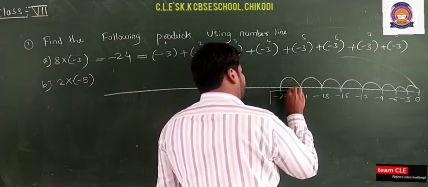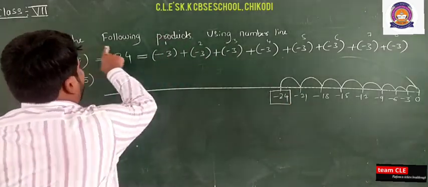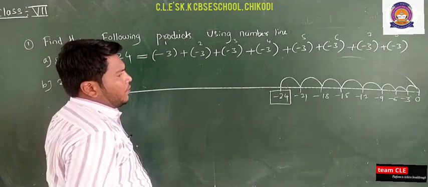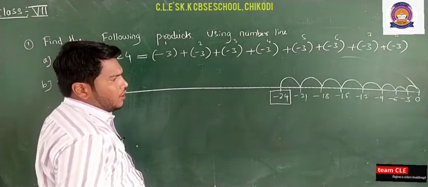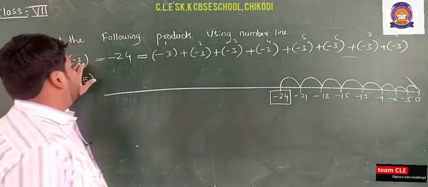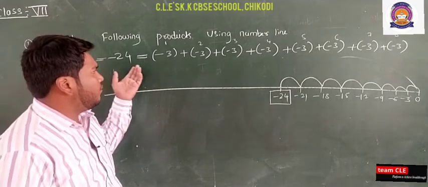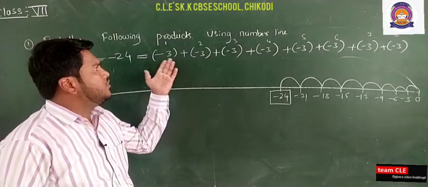So this is the plotting of the product on the number line. That is finding the products using the number line. First of all, write minus 3 multiplied 8 times, you will get minus 24. This minus 24 can be written in the form of an addition operation.